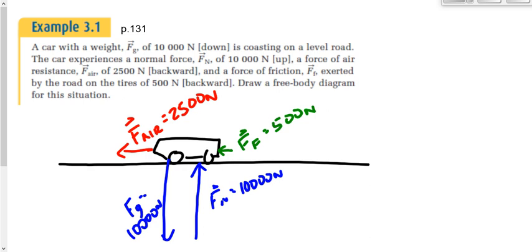So they matter, but they don't contribute to the motion. Yeah, it would be 3,000. Good. So the net force would be 3,000 newtons. And then we would set that net force of 3,000 newtons equal to mass times acceleration, m times a, and we could solve for the acceleration. Does that make sense?